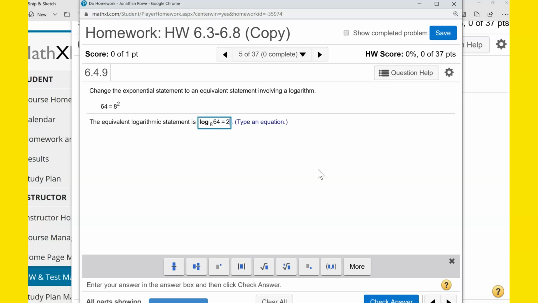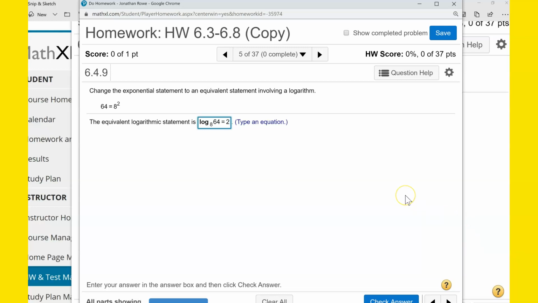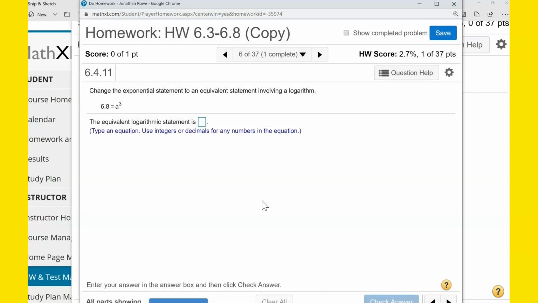That's one way we could type it in. Another way would be to type log, and then is there a subscript? Yeah, here's a subscript. Here's a button that will give you a subscript so that you can type the small 8 as a subscript on the log. That's another way you can get that subscript on there. All right, let's go to the next one.